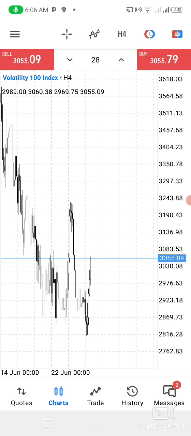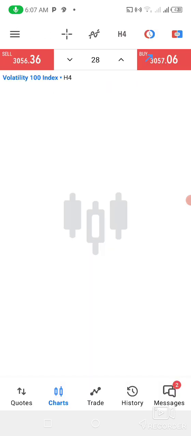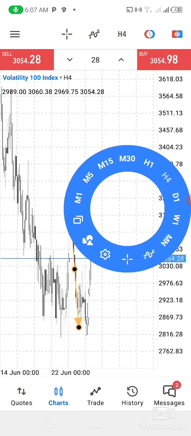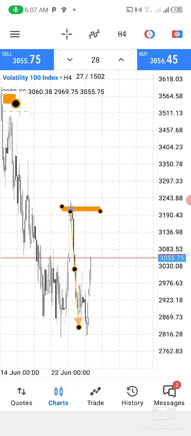Now, what is the proximity, what is the location of such a swing point? That will bring us to the notion of signal significance. What is a signal significance? A signal significance is a point that has created a signal in the past, like this point has created a signal in the past.